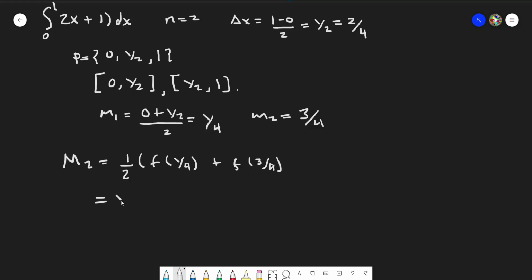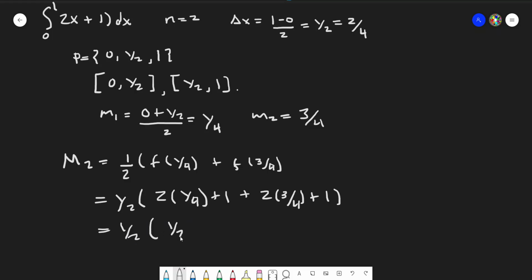That's going to be 1/2 times 2 times 1/4 plus 1, plus 2 times 3/4 plus 1. Each of these reduces nicely to 1/2 plus 1, plus 3/2 plus 1.